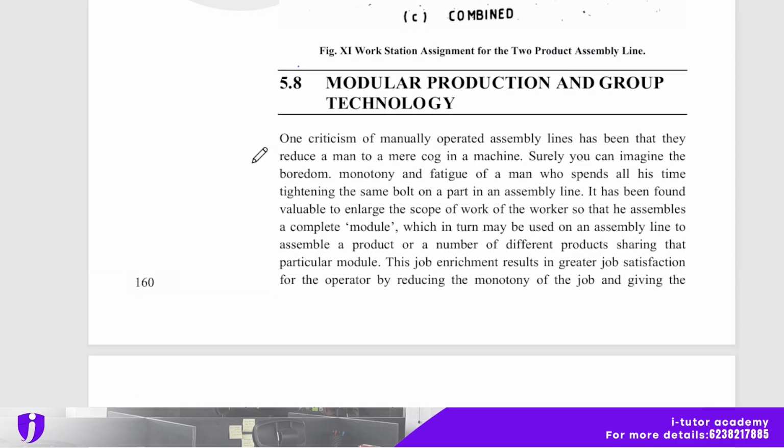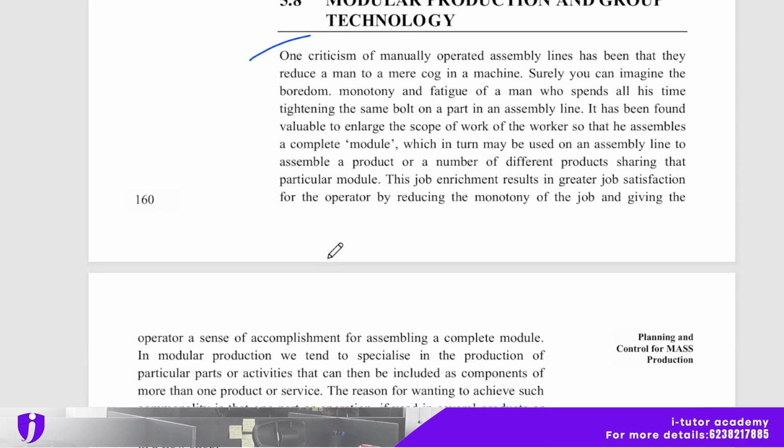The next subsection is 8, modular production and group technology. One criticism of manually operated assembly lines has been that they reduce a man to a mere cog in a machine. Surely you can imagine the boredom, monotony and fatigue of a man who spends all his time tightening the same bolt on a part in an assembly line.